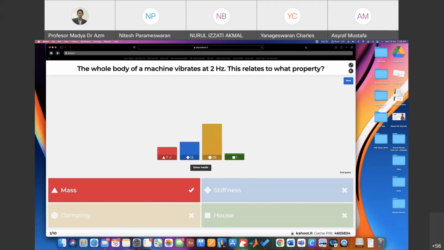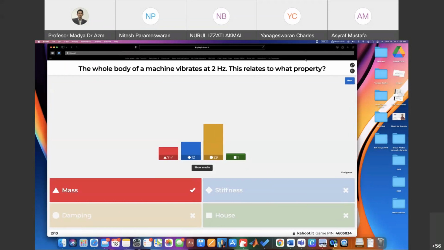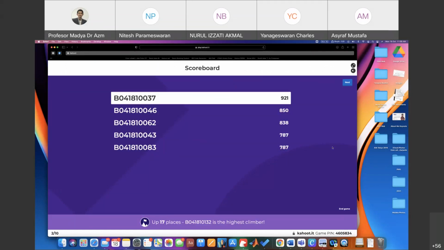Ni masih konsep aja, dia belum masuk lagi ke higher order thinking. Kalau nanti soalan exam nanti dah higher order thinking. So ni kena settlekan dulu konsep-konsep, definition and so on ni, you have to settle it first. Next.